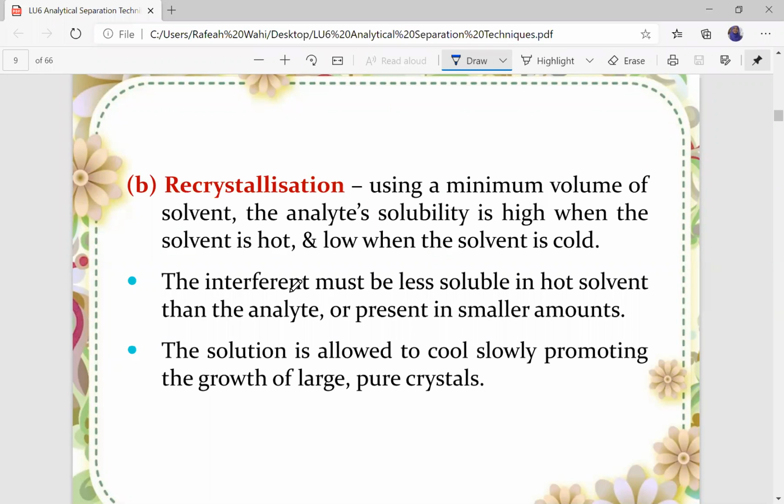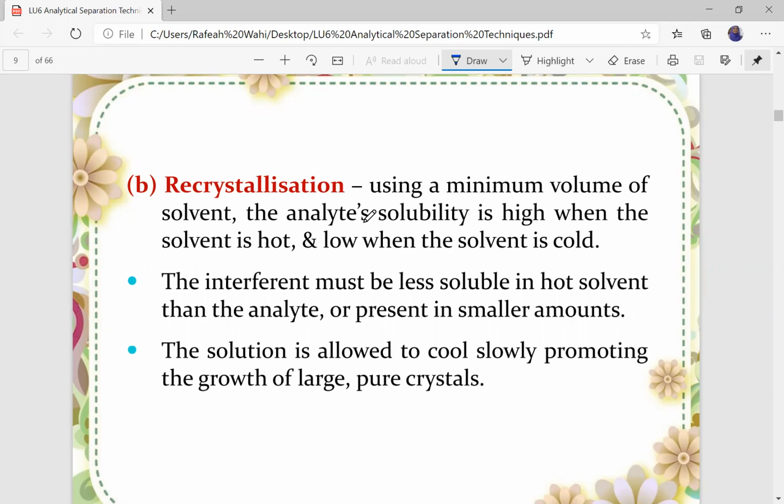Recrystallization is another example of analytical separation based on a change of state. In recrystallization process, using a minimum volume of solvent, the analyte's solubility is high when the solvent is hot and low when the solvent is cold. This is something that we have learned in Learning Unit 3 when we talk about solubility of a compound or chemical substance.